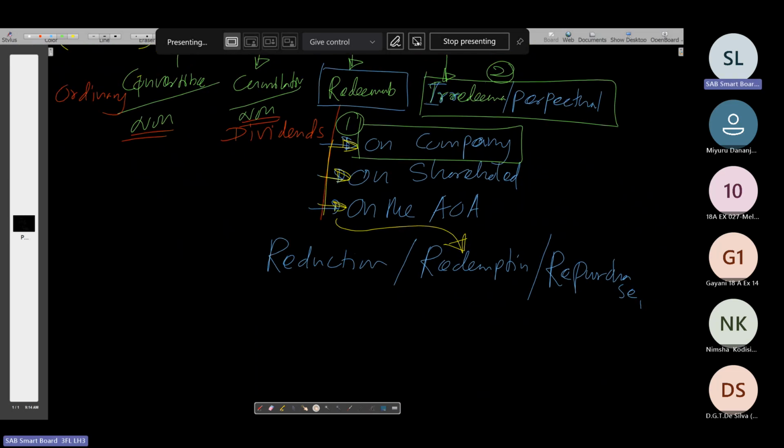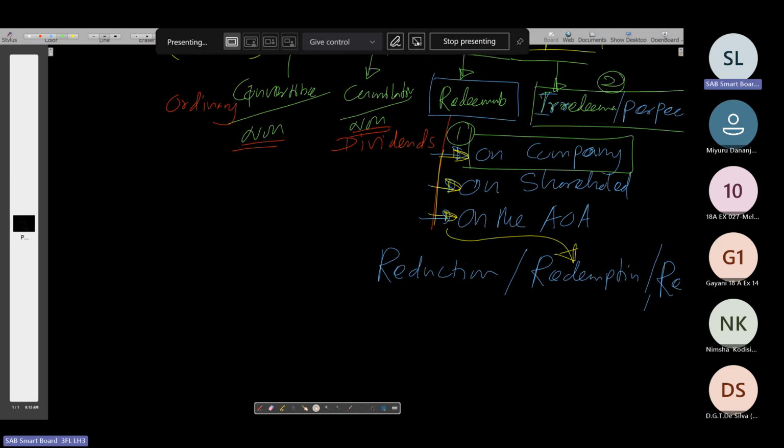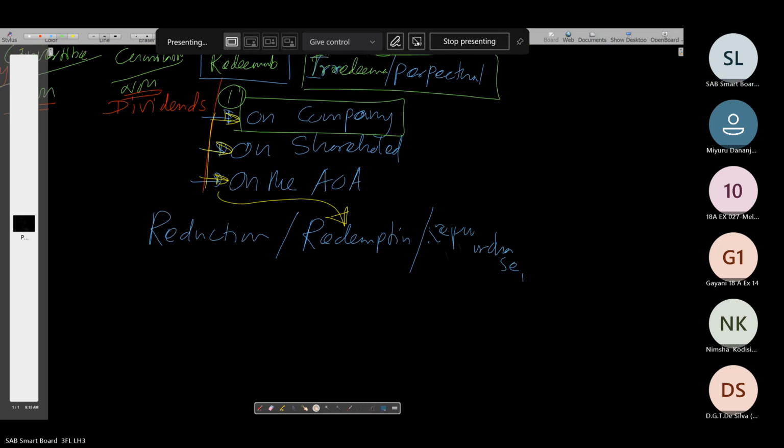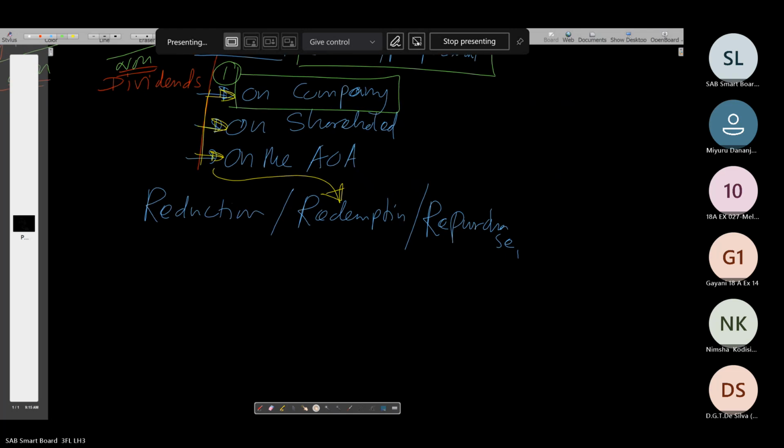These three are known as repurchase. First, redeemable preference shares purchased by the company on the option of the company.